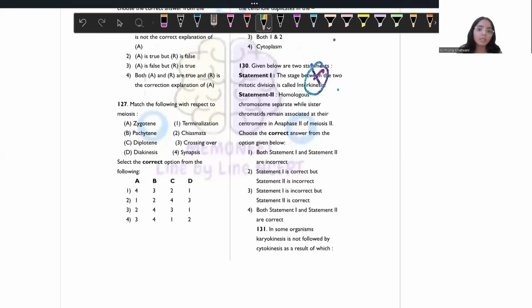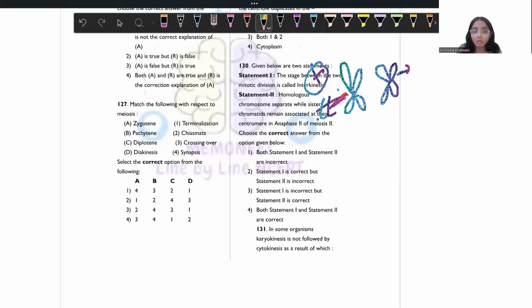Homologous chromosomes separate while sister chromatids remain associated. Now, don't blunder that. This is one chromosome, this is its homologous chromosome. During anaphase, these chromosomes separate, and not the sister chromatids.